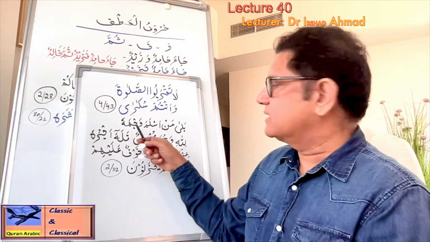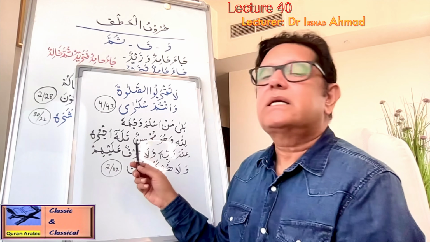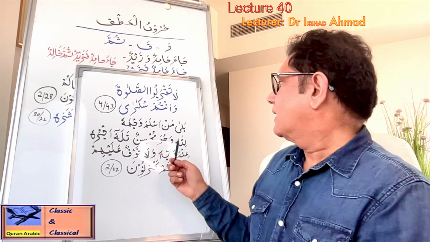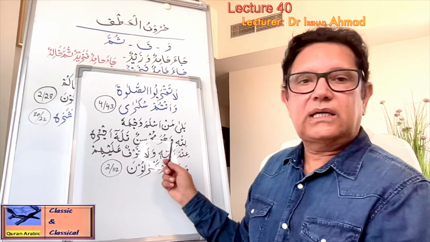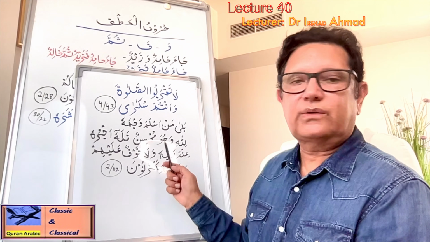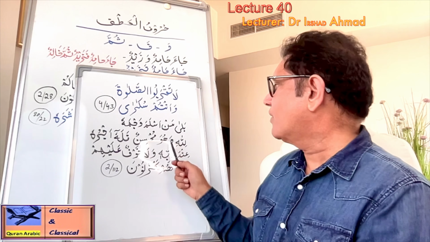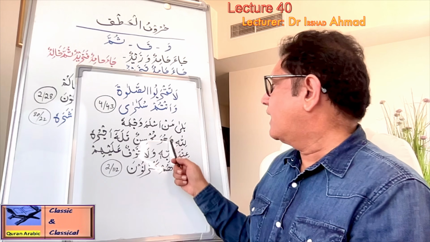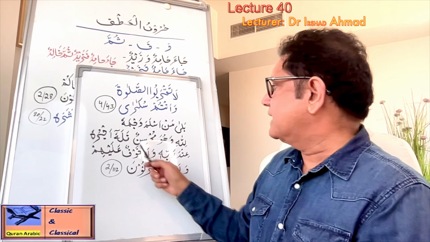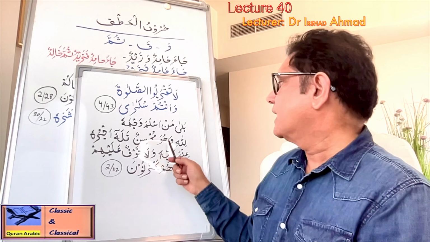Man aslama wajhahu lillahi wa huwa muhsinun, whoever turned towards Allah. That waw is waw haliya, and this is jumla ismiya, huwa muhsinun.